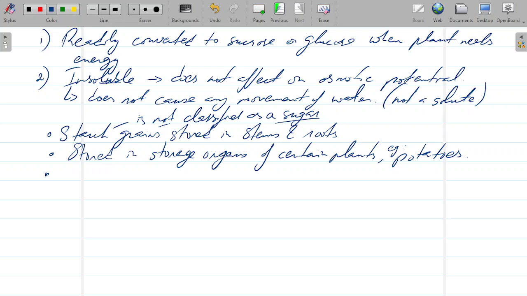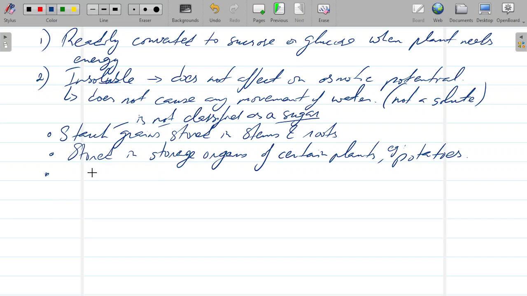And on its own, it is not sweet. So when you eat a potato, it tastes sweet in your mouth, because the amylase in your saliva is immediately breaking down the starch and turning it into maltose, which is a disaccharide, and that is the sweetness that you detect when you eat potato or rice or any other food item that has starch in it. So starch itself is not sweet.